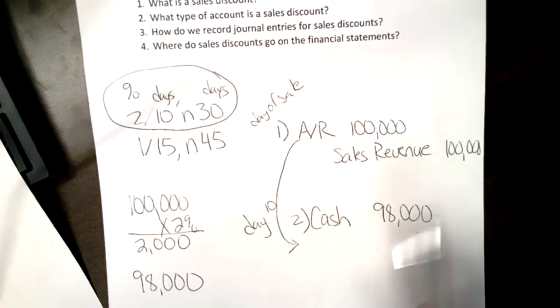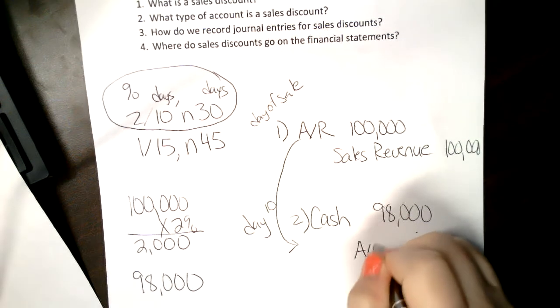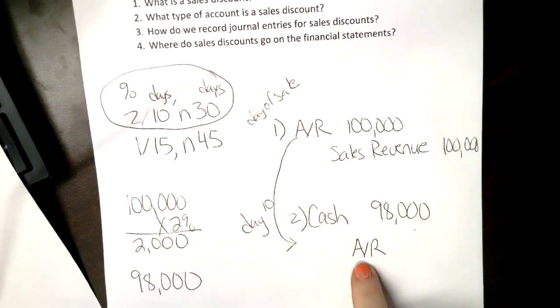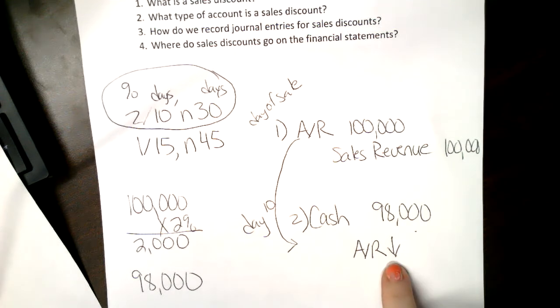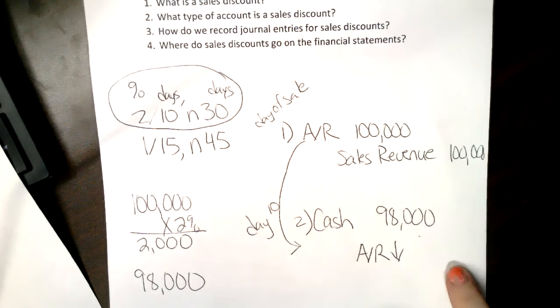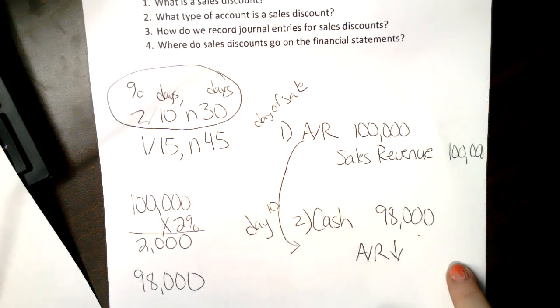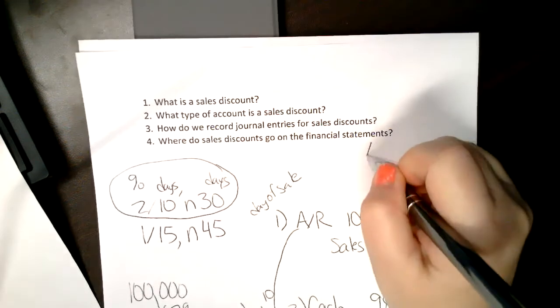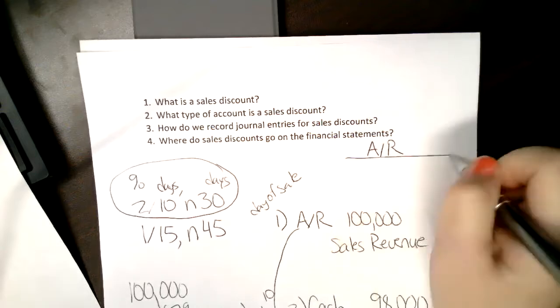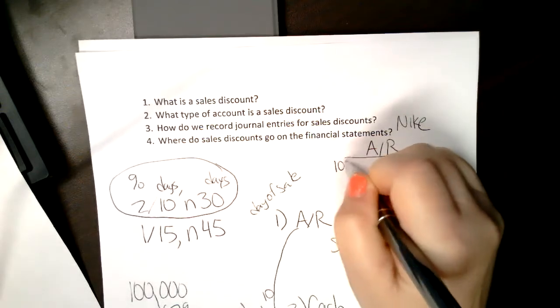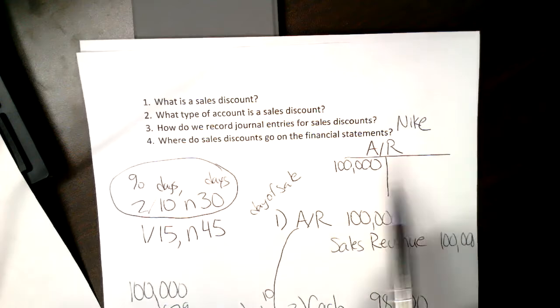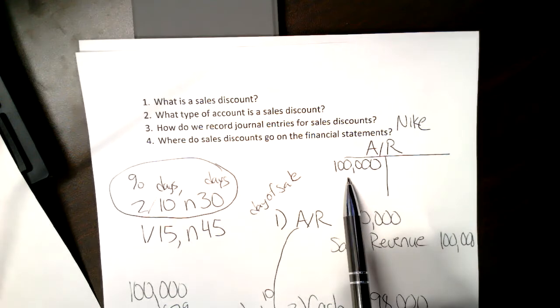So here's a common mistake students make. They do credit the AR as they should. That's how we reduce an asset, with a credit. But a common mistake is that students credit it for $98,000. And that's not enough, because look at the T account. This is why I say use T accounts all the time. From Nike's point of view, they increased their accounts receivable by $100,000, saying, hey, Academy owes us this.